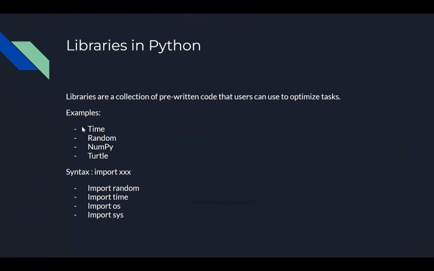So with each new library that you use in the future, so we've already gone over random, for example, but for other libraries that you use, you're going to have to learn everything in there. So with what we've learned in these 3 classes, it should be enough to get up and running with most libraries. But next class, we will be going over time and turtle, just as little introduction for using libraries and also for some fun.